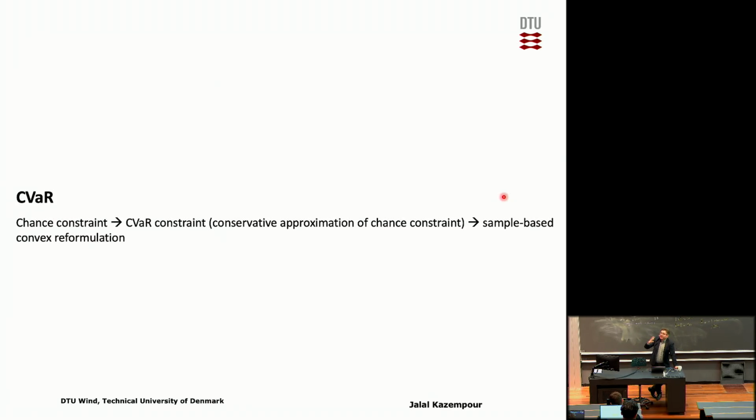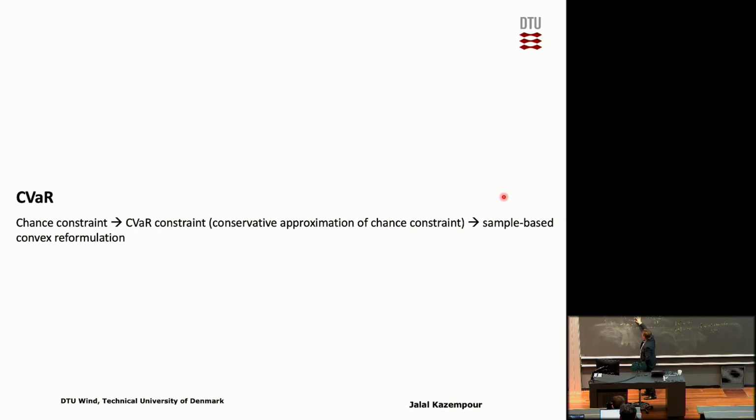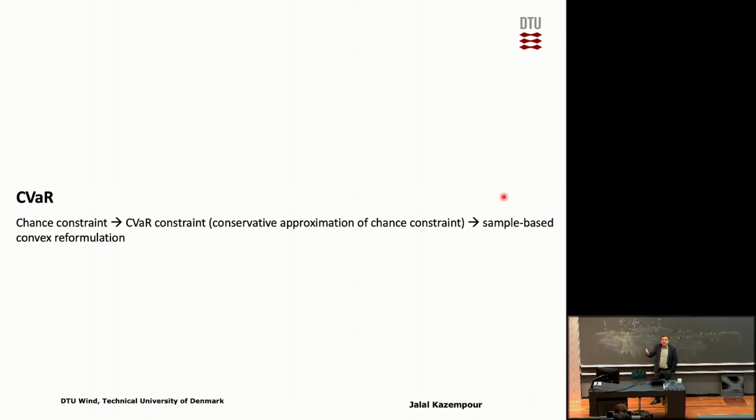There is also a second way, still sample-based, to reformulate this problem. Here, with a chance constraint, you don't mind at all how big your violation is. You only count how many times violation happens. But you never restrict the magnitude of the violation.